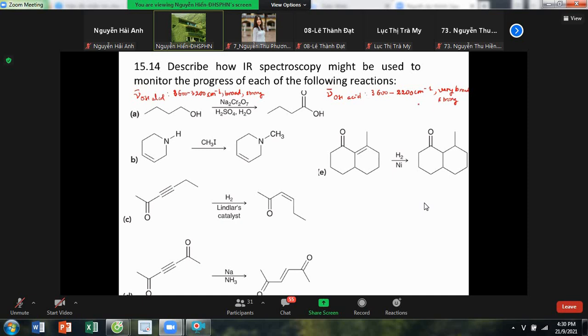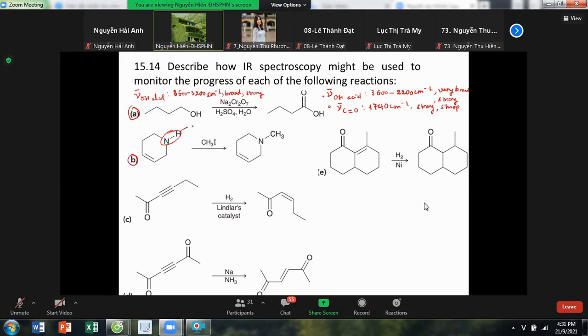And in addition, you have the carbonyl of the carboxylic acid at about, strong and sharp. Okay, that is question A. For question B, the double bond does not change, so we just pay attention to N-H.